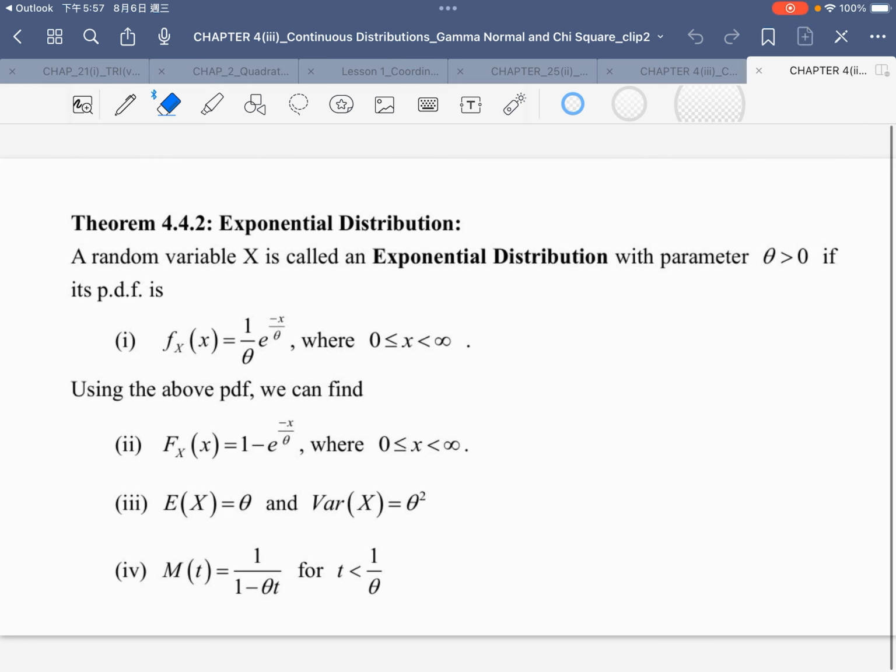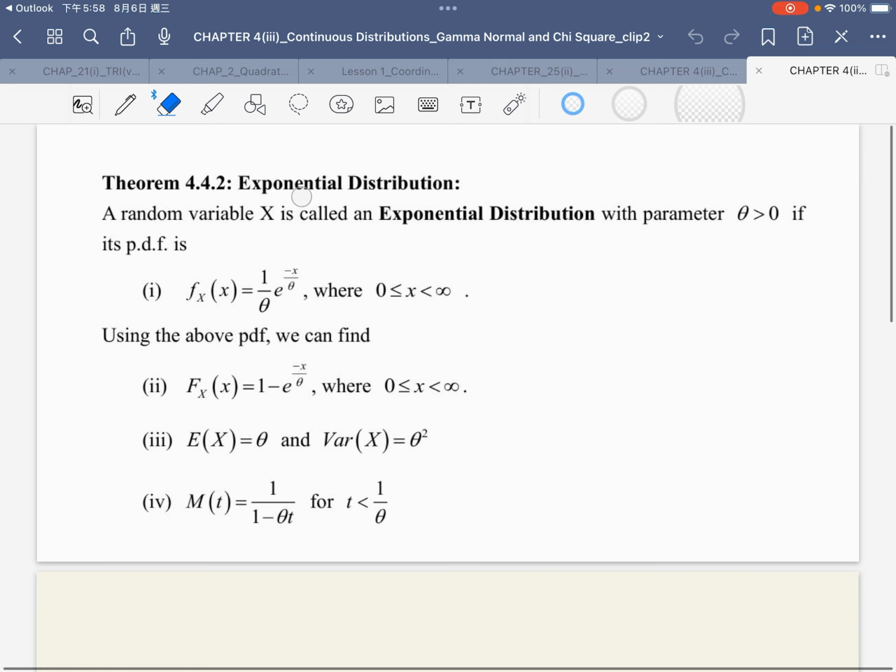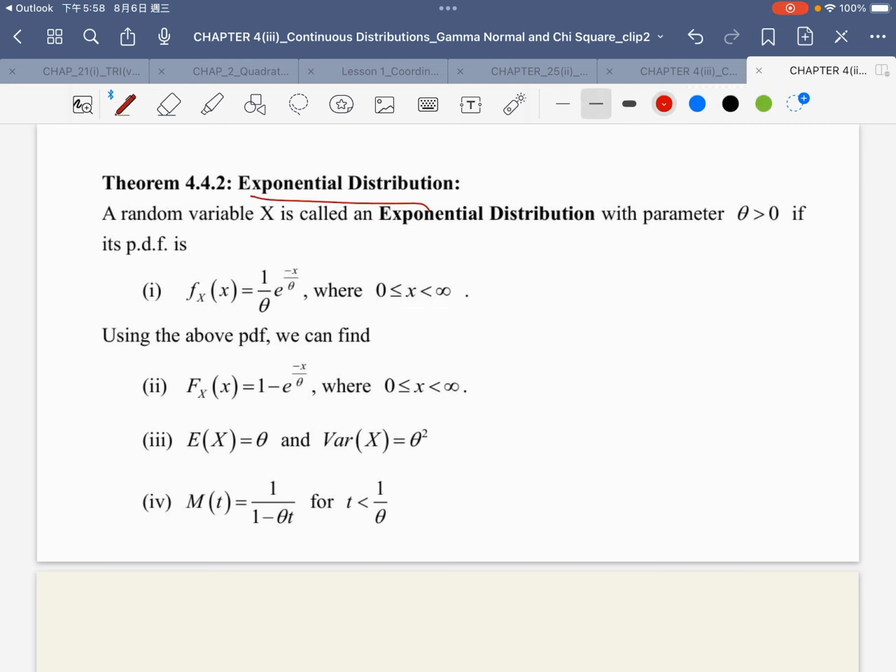This topic also includes the theory of the exponential distribution. The meaning of the exponential distribution I will talk about later, but the cumulative function is 1 minus e to the power negative x over theta. That means there is an occurrence in the time interval 0 to x.